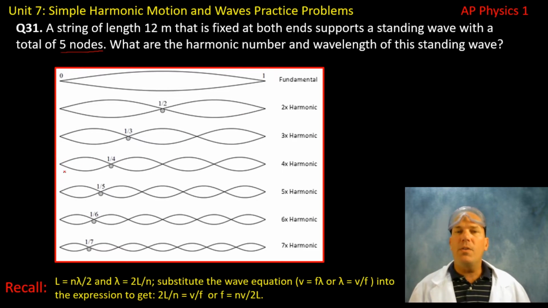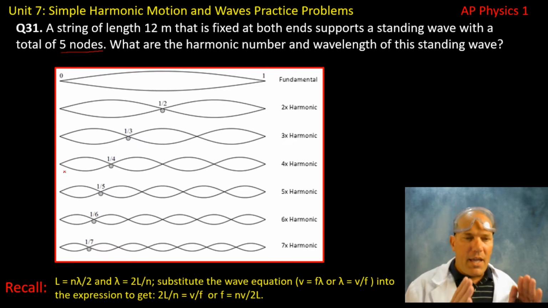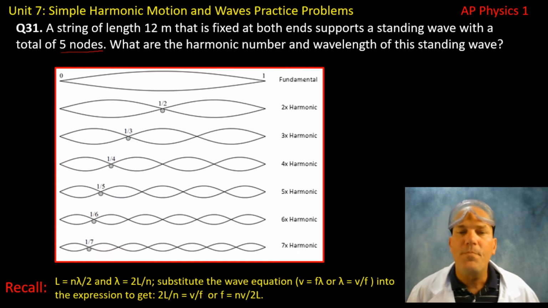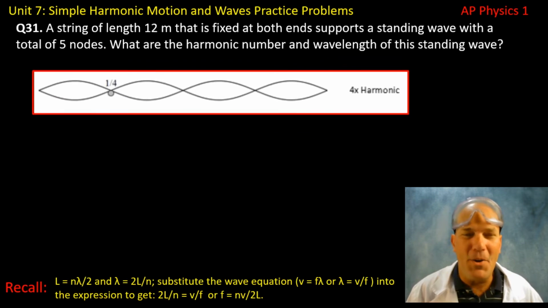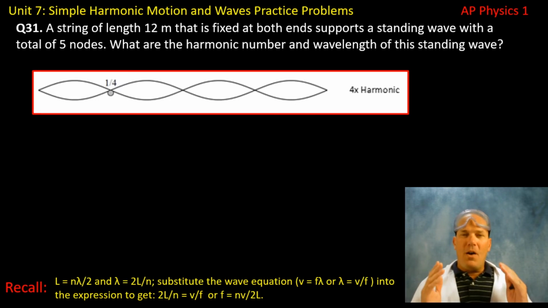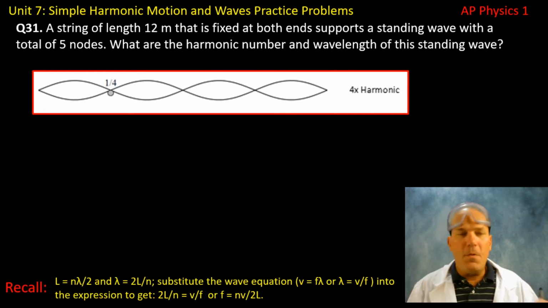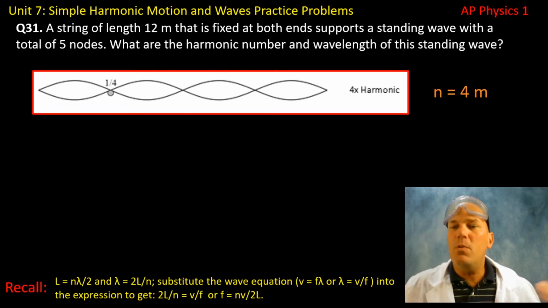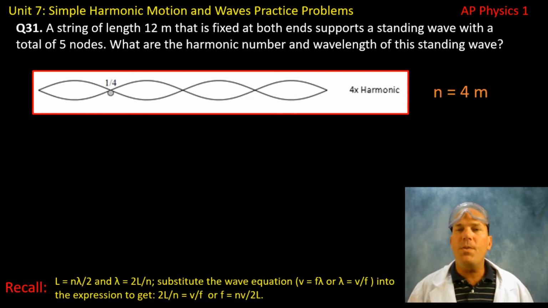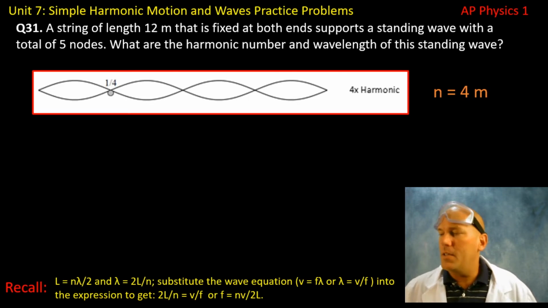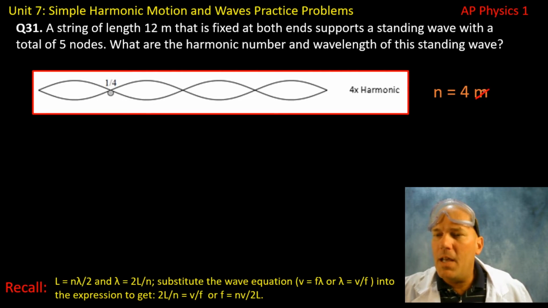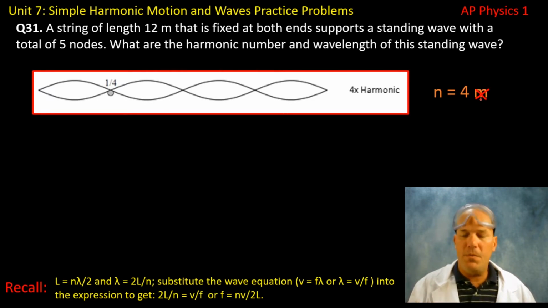And then we get to the 4th harmonic, and you can count a total of 5 nodes. So the harmonic number for question 31 is n equals 4. This is the 4th harmonic. I'm going to cross that out, that shouldn't be there. n equals 4.